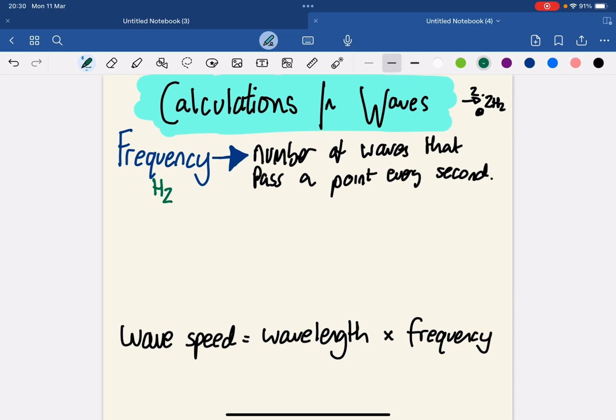Now you might have to work out frequency, the number of waves that pass a point every second, using the time period of a wave. The time period is the time it takes for one complete wave to pass. So when we're looking at a transverse wave, we've got the undisturbed position there, and so displacement will be 0.